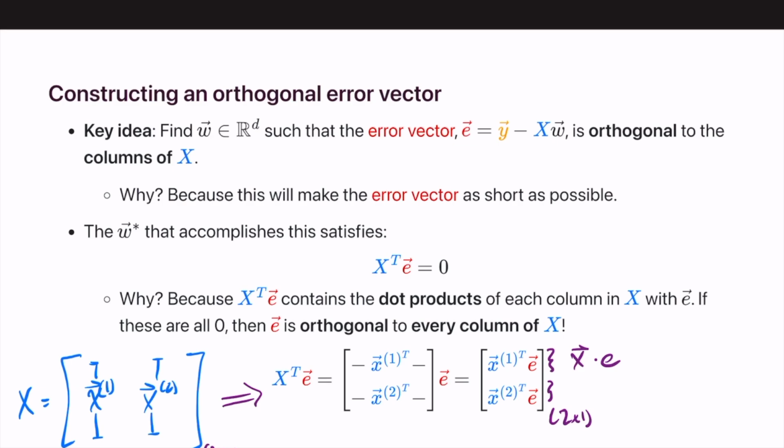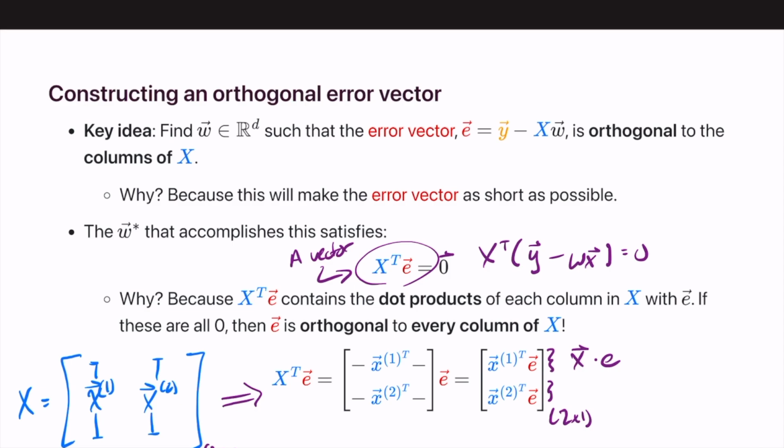Really, all this right here is just a vector, and it equals the 0 vector. So this is the same thing as saying X transpose times, remember the E vector here is just a stand-in for Y minus X times the W, and that equals 0 because this is where they're orthogonal.